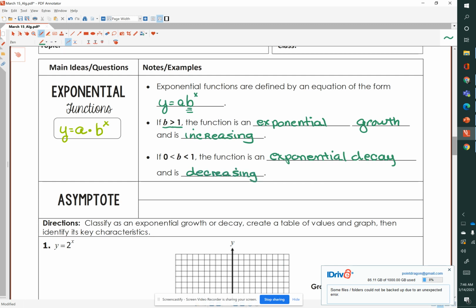And the best way to wrap your head around this is to do a lot of graphing. So first we start with something called an asymptote, and you'll be talking a lot about asymptotes when you get to Algebra 2. So an asymptote is a line which the graph gets close to, but it never touches or crosses that line.